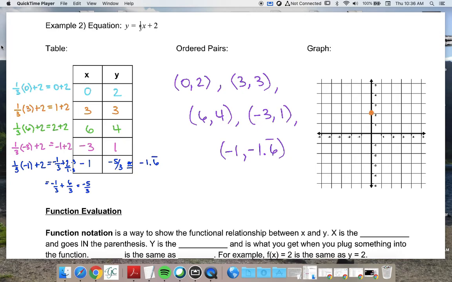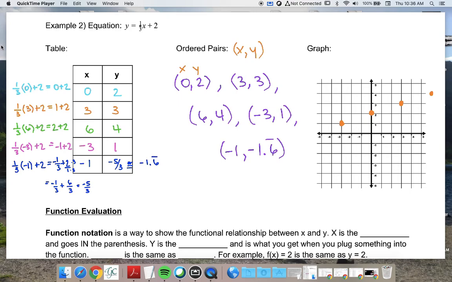So we have 0, 2. Again, remember, ordered pairs are x then y. And then we said 6, 4 is just barely off our graph, so we can still go ahead and plot that. And then -1 and -1 point.